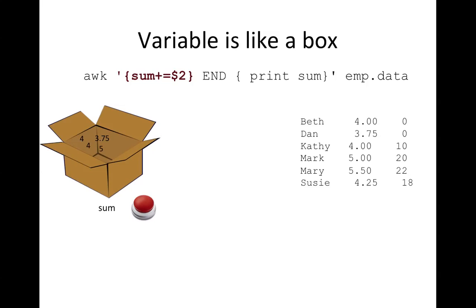So we put everything in. When we reach the end of the file, that's what END stands for, we can press the button, and then we'll get one number. So we'll add things up. Okay, so we pressed the button, and then we got the answer. So this is approximately how it will work.